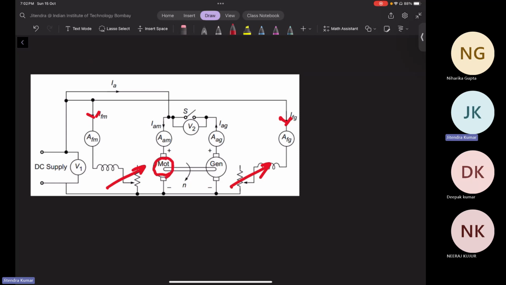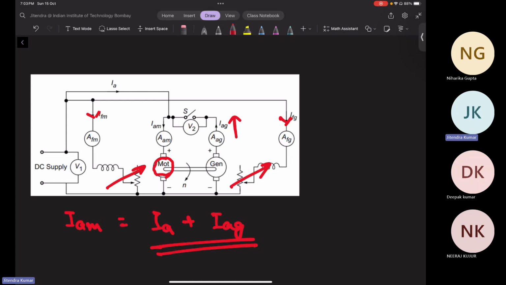Along with that armature current, one more component of armature current will go to the motor. That will be from the generator. So whatever the armature current in the motor is, it is coming from the supply as well as from the generator. So the armature current of the motor is different from what is coming from the supply, and the highest current is flowing in the armature of the motor.